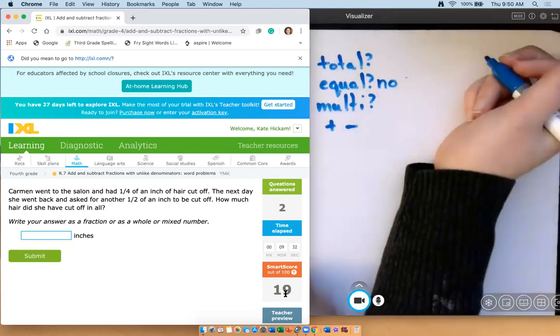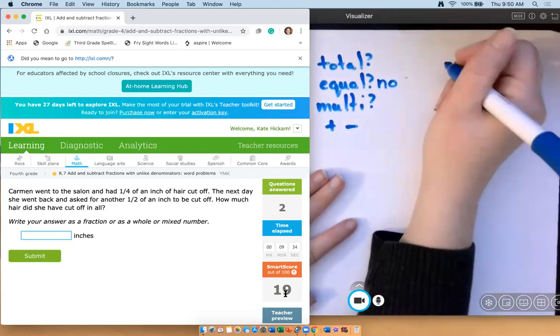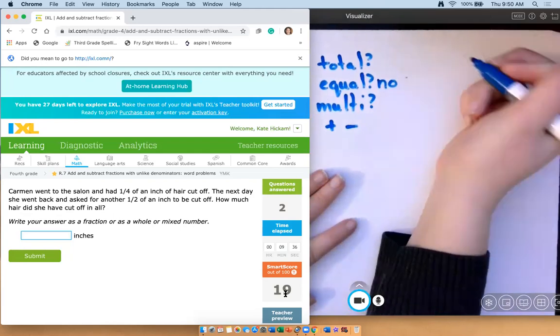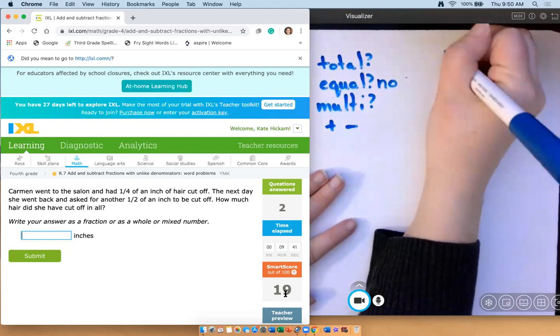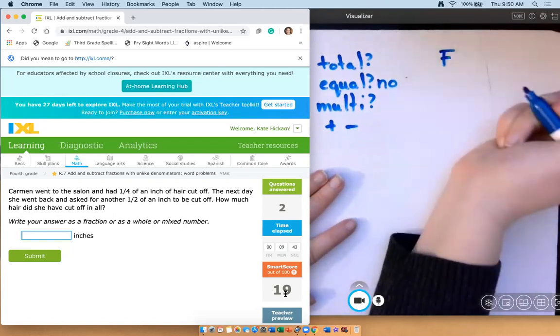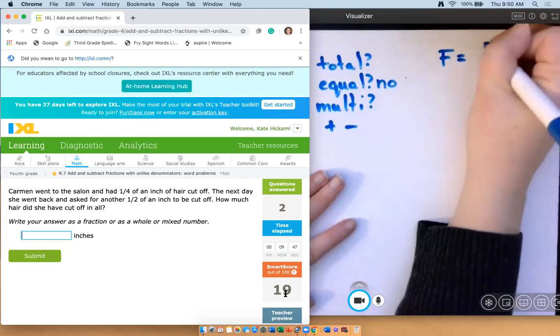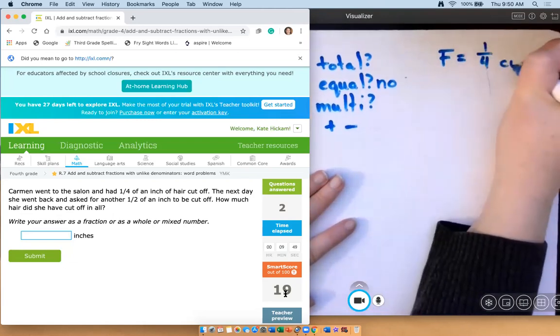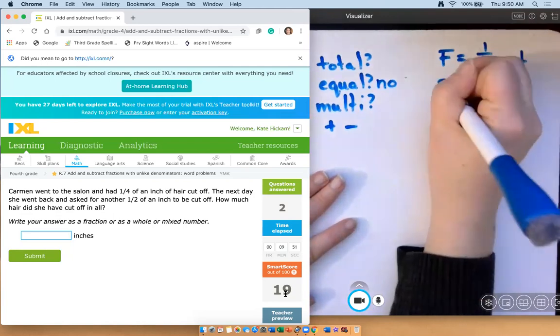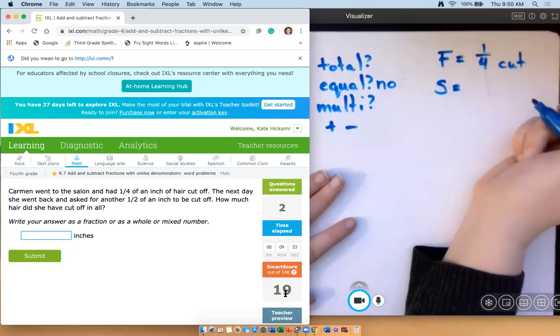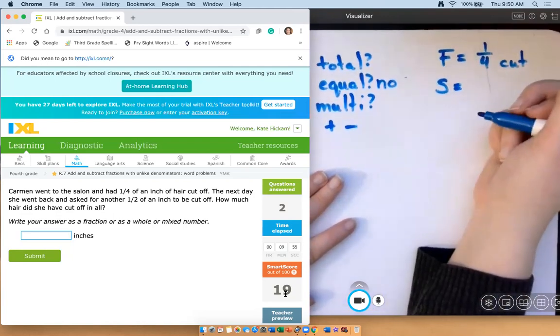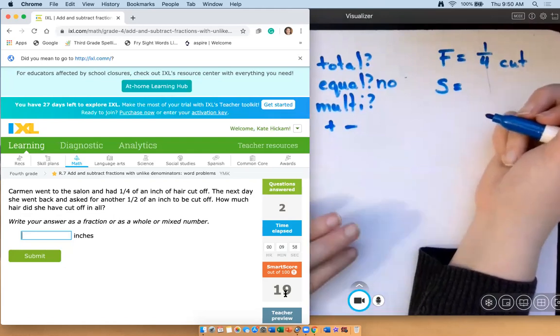So today, let's say F for the first day, she had 1/4 cut. The second day, and the reason why I said F and S is because if I did today and tomorrow, it would both be T's, so that wouldn't be helpful.